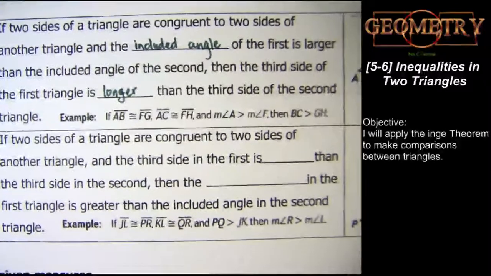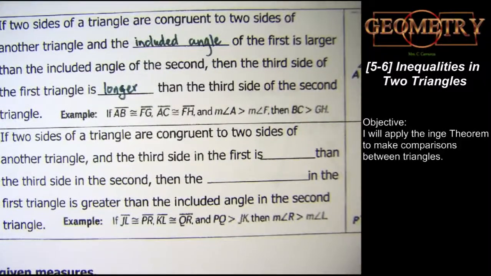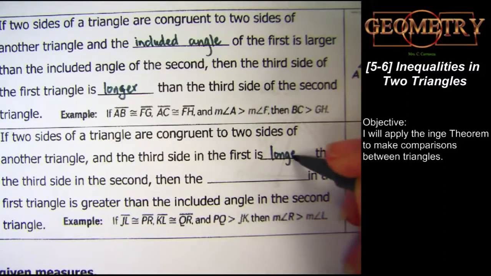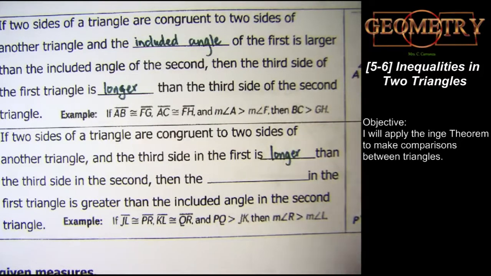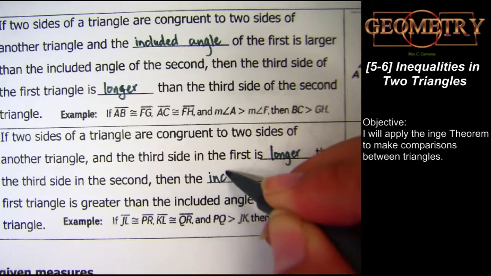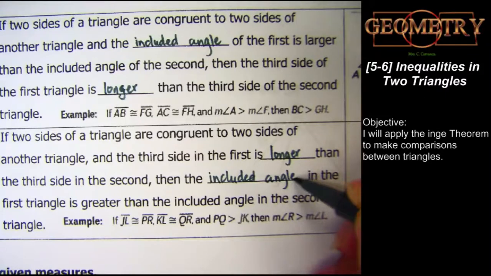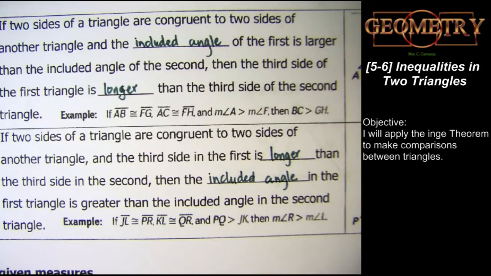And the converse says, if two sides of a triangle are congruent to two sides of the other, and the third side in the first is longer than the third side of the second, then the included angle in the first triangle is greater than the included angle of the second.